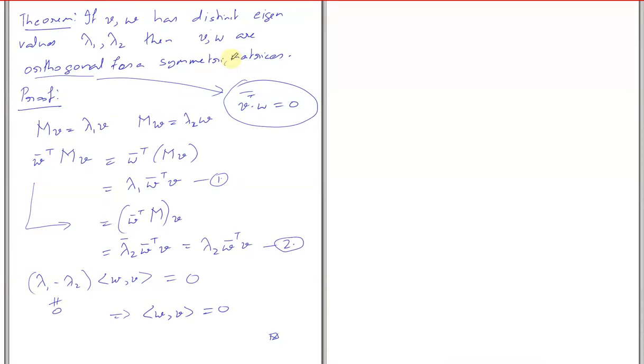Yes, sir. So the interesting thing for symmetric matrices is if you have n distinct eigenvalues, then not only do you have n distinct eigenvectors, but they are also orthogonal.